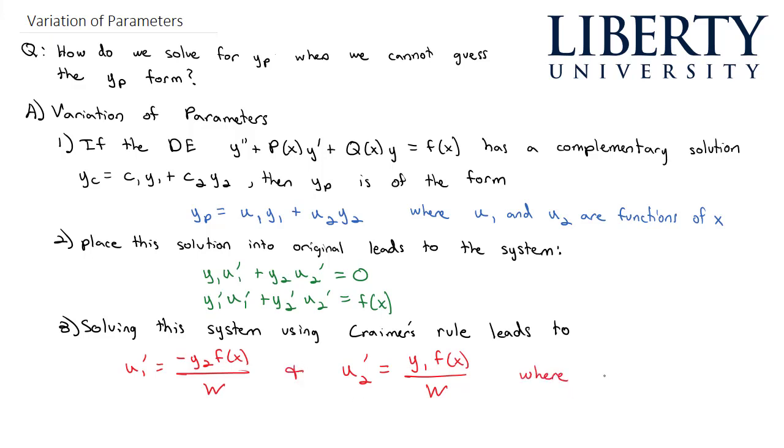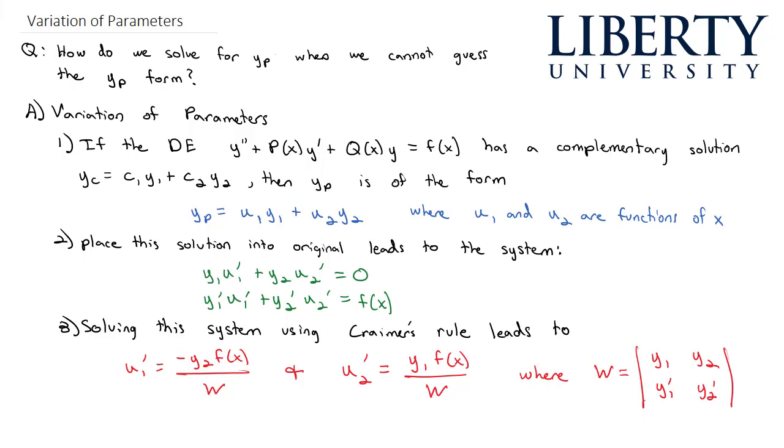And the Wronskian is equal to the determinant of the solutions and their derivatives. We've seen that Wronskian before when we were talking about linearly independent functions.